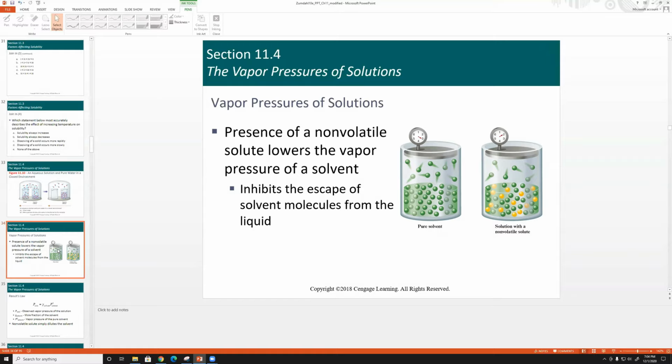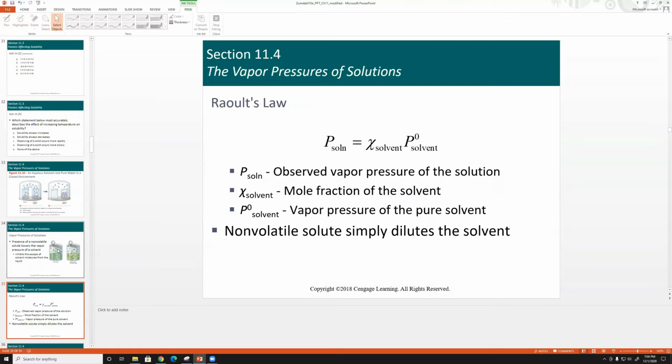There's an equation to dictate how much they decrease by. This equation and this law is called Raoult's Law. Raoult's Law says you can determine the vapor pressure of a solution based on the mole fraction of the solvent and the original vapor pressure of the solvent.